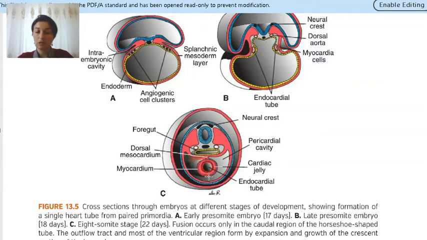The ventral mesocardium will not be formed, just the dorsal mesocardium. Its middle portion will disappear and leave the transpericardial sinus, which will be the way of connection between the right and left sides of the pericardial cavity.